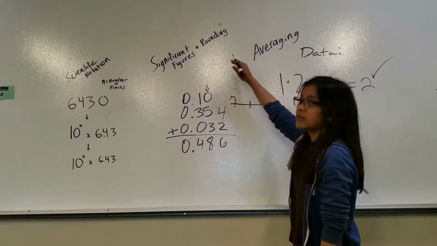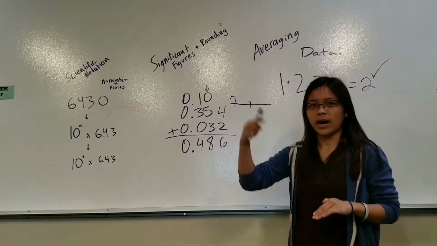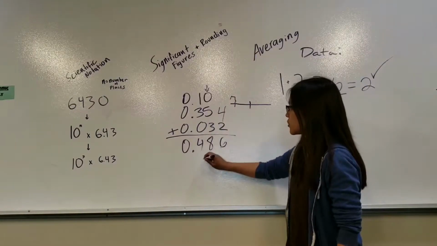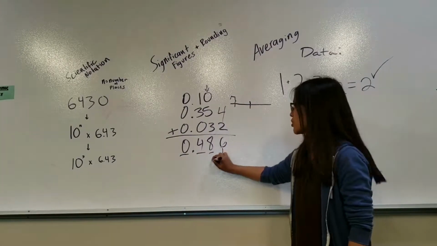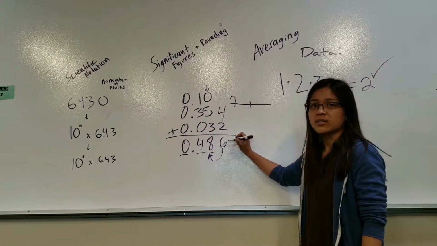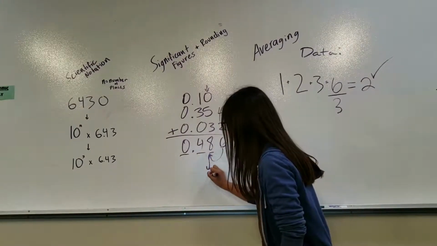So rounding now. Rounding, you either round lower or higher. Since we want 3 significant digits, this one can determine what this number should be. Since it's a 6, that means our 8 should become a 9.